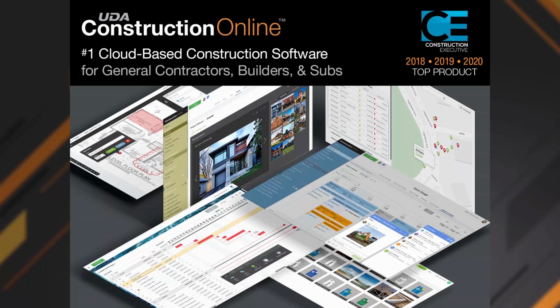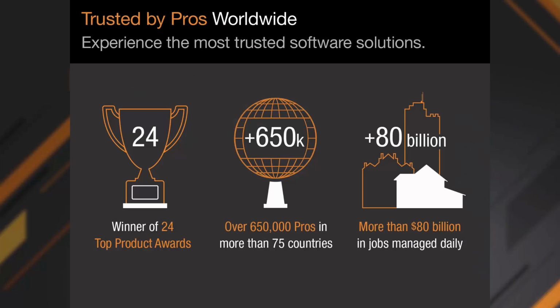Now, for those of you who are new to ConstructionOnline or new to UDA Technologies, ConstructionOnline is our award-winning web-based project management platform, trusted by over 650,000 users all over the world, managing upwards of $80 billion plus in projects every single day. And one thing that we know from working with so many of you around the world is that the foundation for a successful project really does rest on accurate cost control.